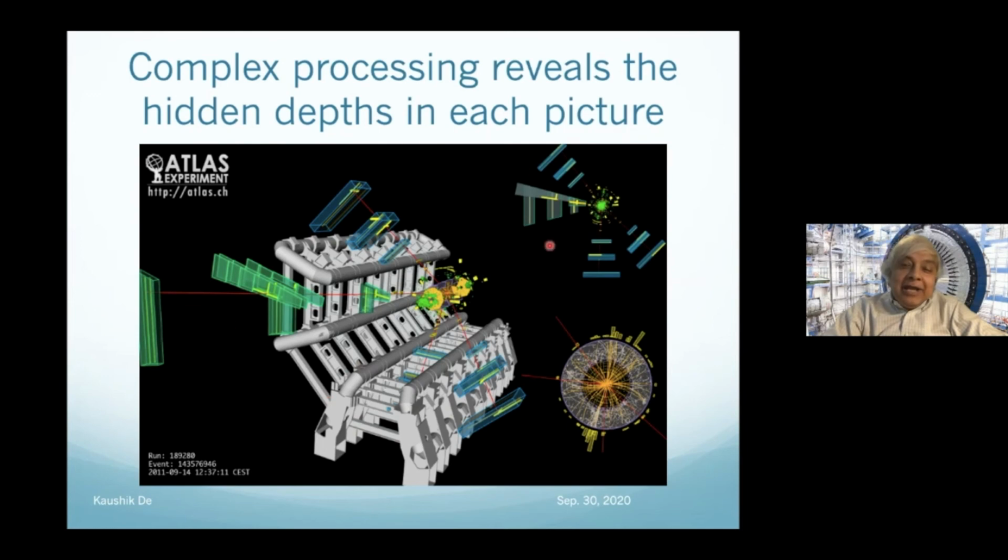So in order to even have a single picture, and remember, we take 100 million of these pictures every second, even to understand one of these pictures, this is a picture of an event, we call it an event display, even to understand one of these pictures coming from the Atlas detector requires an enormous amount of processing.